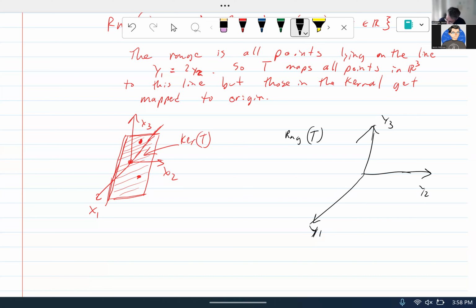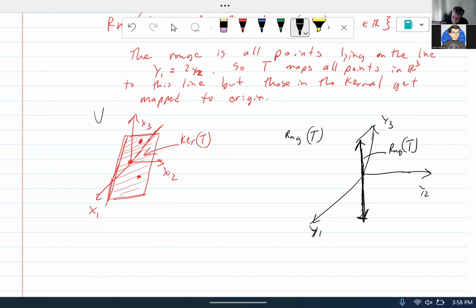And so this is a line in 2 space where the slope is 2. It's really slope of 1/2 if I were to solve for y2. But we're all good. We can just draw it like that. That's going to be my range of T. My range of T is that guy there.